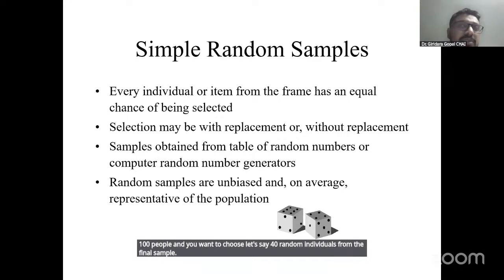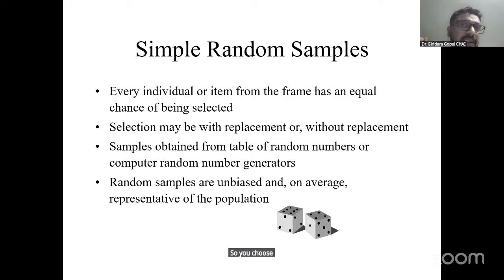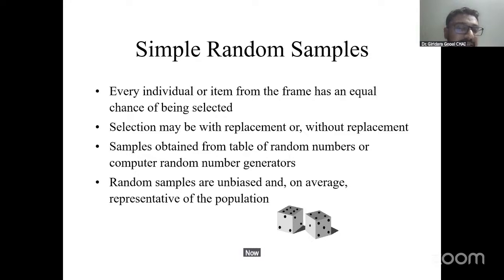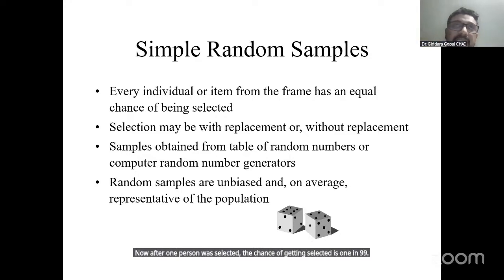You choose randomly, say, 42. Now you have removed 42. How many people are still remaining? It is 99. Earlier the chance of getting selected was 1 in 100. Now after one person was selected, the chance of getting selected is 1 in 99. Then the question is, do you put the same individual back into the sampling frame? Some studies do that.